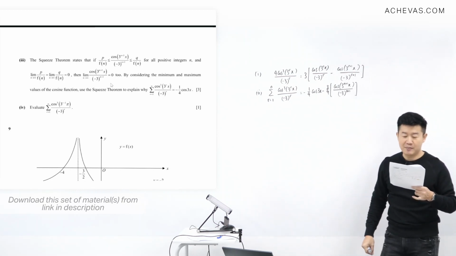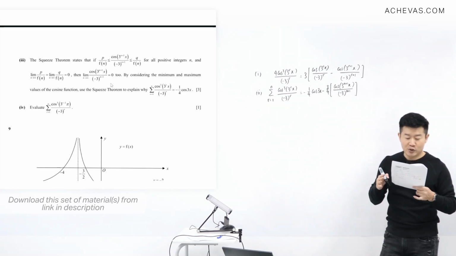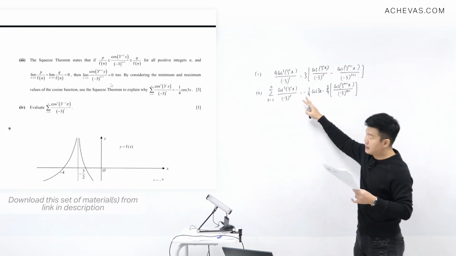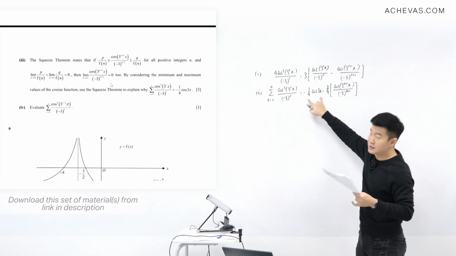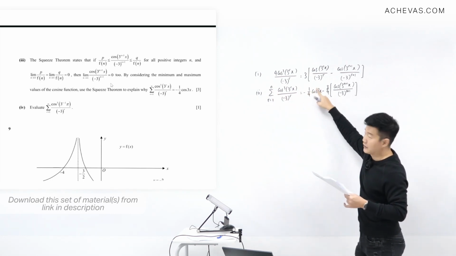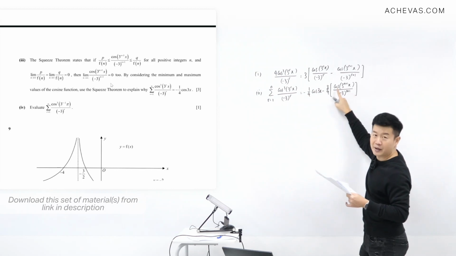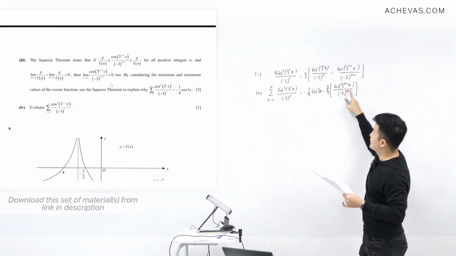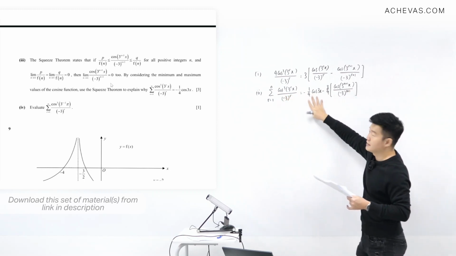And by considering the minimum and the maximum values of the cosine function, using this squeeze theorem, we want to explain why when I sum this to infinity, this entire expression is going to be left with this, right? When n tends to infinity, this is not going to be affected by n. This is going to be affected by n. We are going to show that when n tends to infinity, this becomes 0, so this will just tend to this.